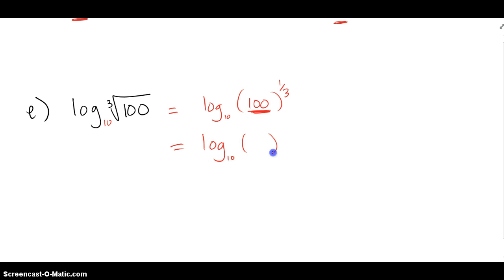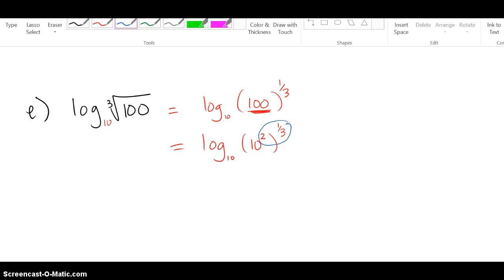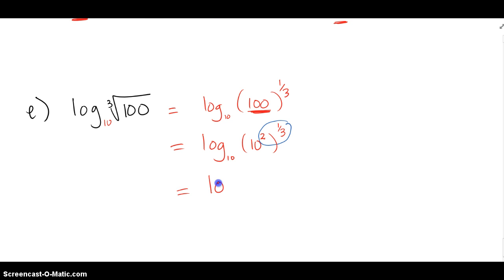So again, I'm going through this process because I want to have matching bases so that I can have my answer pop down. So I changed 100 to 10 squared, and I changed the cube root to a 1/3. Now, since I have a power raised to a power, remember properties of exponents say that when you have a power raised to a power, you can simply multiply them.